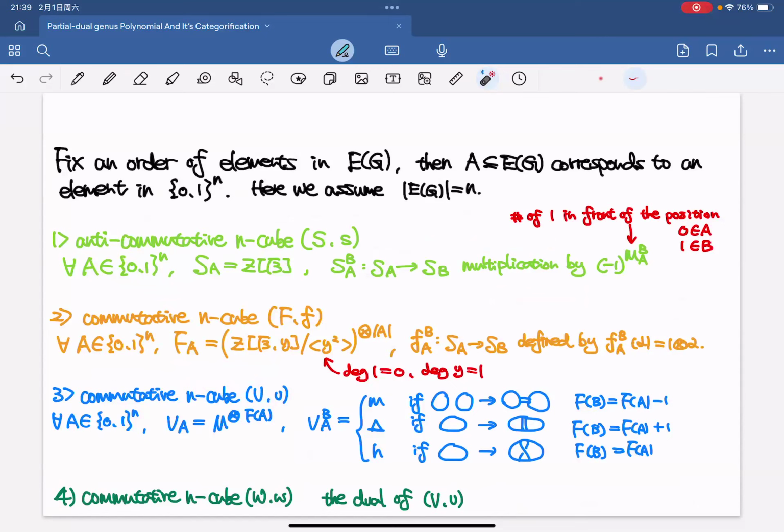So here we use the core product, and also the half genus map. The reason why we need the half genus map here is that if we add an edge to a disk, it is possible that the number of boundaries stays the same. So for this case we will need this kind of half genus map.